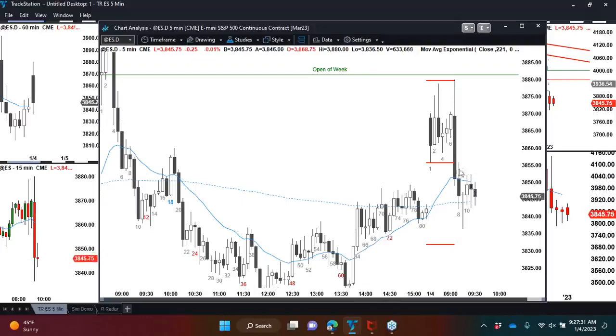It's the same thing as bar 10. Bar 9 is a terrible looking bar to buy the close. And I said it's not ideal, but I said bulls would buy the close. Well, think about this. What if I'm a bull and I say, okay, I know bears are going to sell the close of this bar. However, it's probably not going to go a measured move down. So maybe I'll do this.